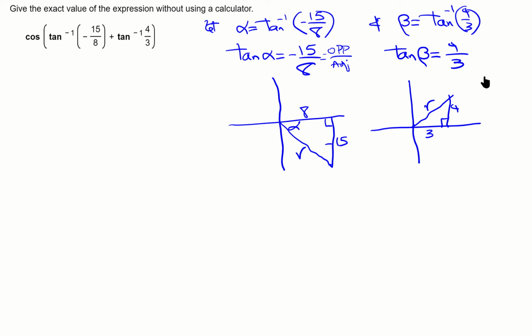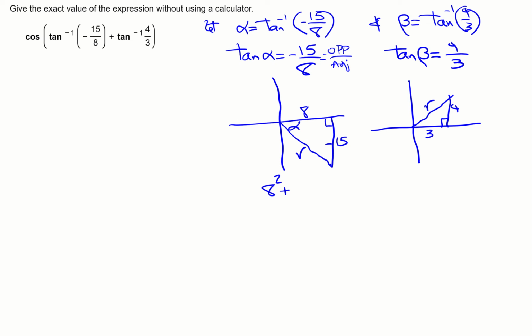But if you don't see that, you can just set up the Pythagorean equation. So we get 8 squared. Remember, for the calculation of R, we don't need to worry about negatives. First of all, it's going to get squared, and secondly, we're just dealing with lengths. R is always a positive value. It's a distance from the origin to that terminal point.